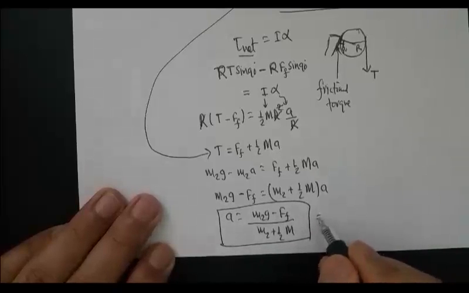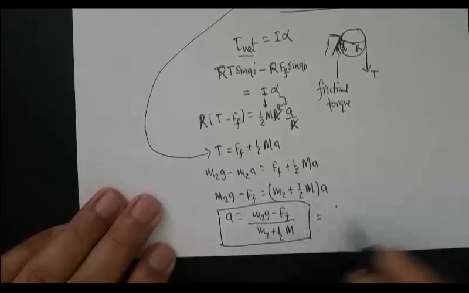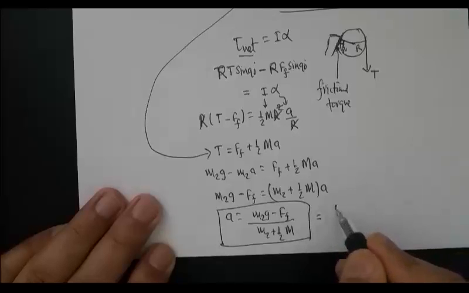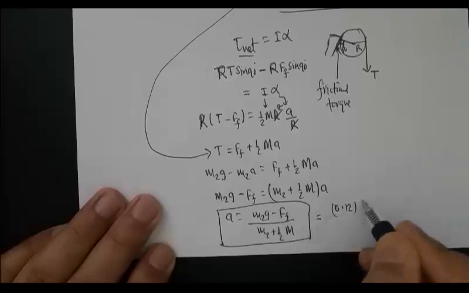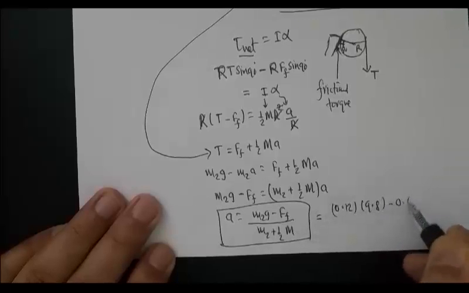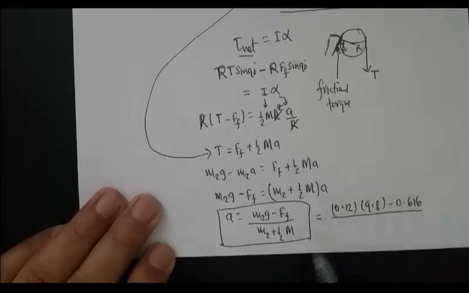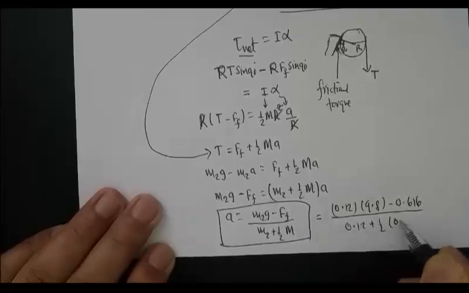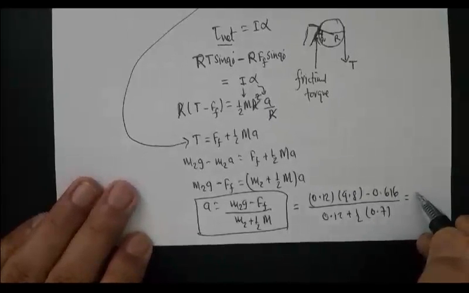Now all the values are given, so you can put in all the numerical values. The mass is 0.109, and the frictional force is 0.161 newtons. All the values are given. So the linear vertical acceleration is 1.19 meters per second squared.